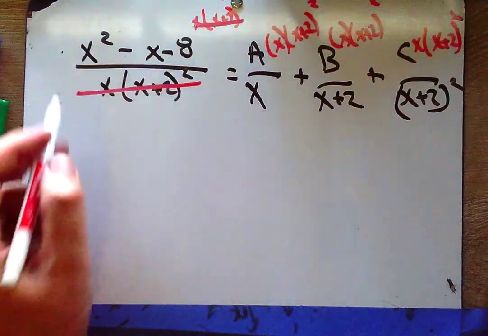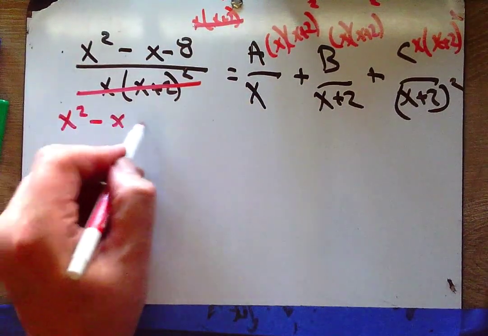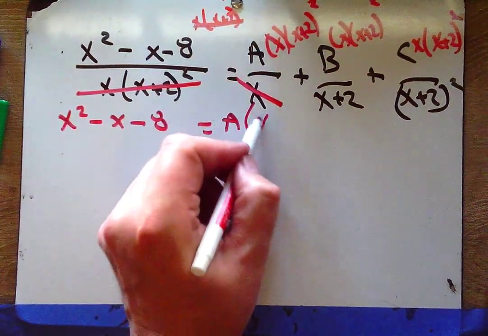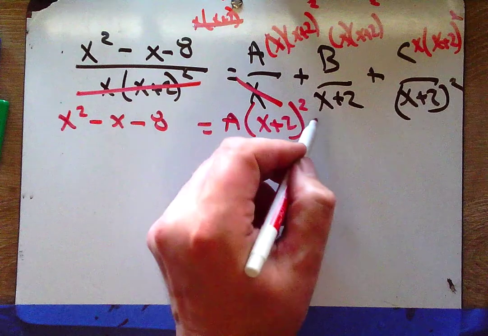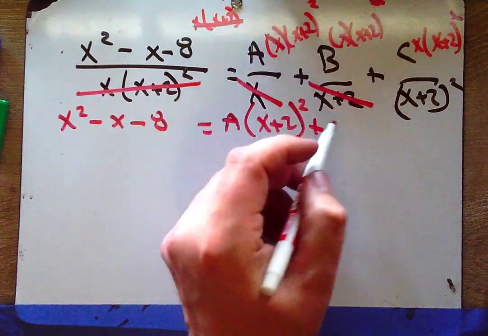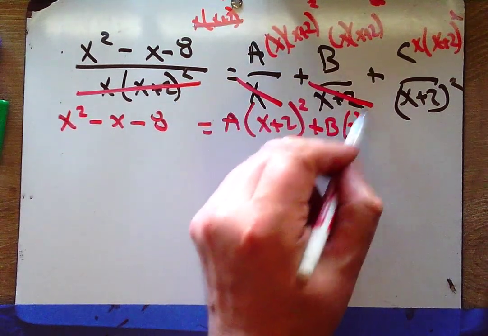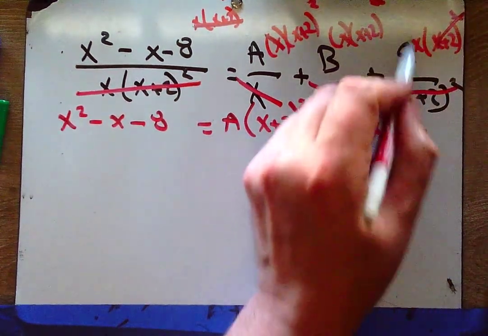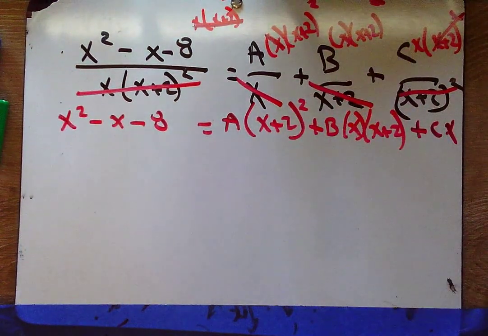These cancel these. We've got x squared minus x minus 8. And this cancels that. A times x plus 2 squared. This cancels one of those. B times x plus 2. And these cancel all of these, leaving us just with cx.